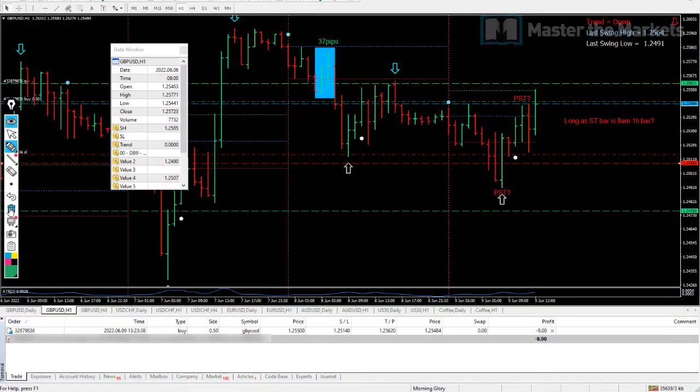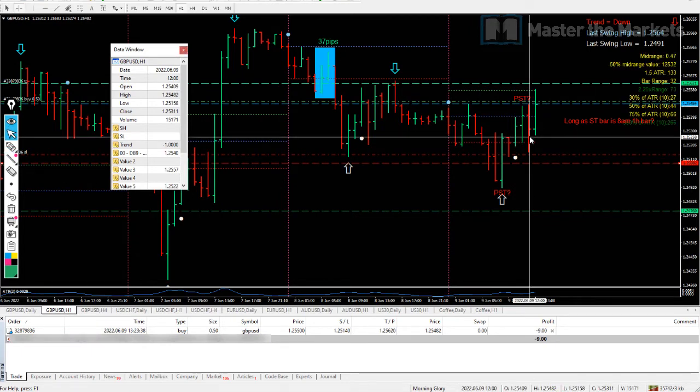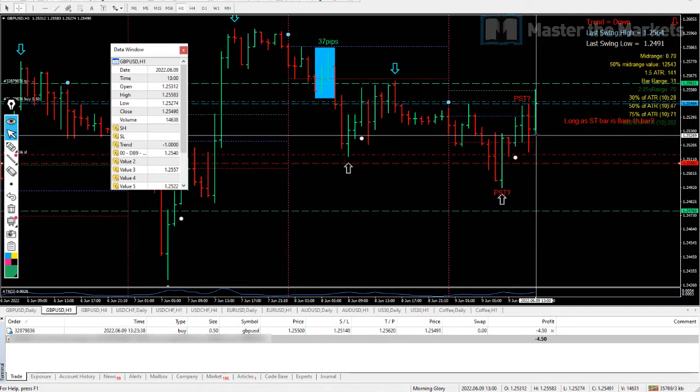But usually in our research, what we found is the stretch bar usually forms before 12 noon. So if you take a look at this bar here, this was at 1 p.m. So this one is a bit behind. This is a 1 p.m. bar here on this broker, but actually it is 1 hour behind us, so that would be a 2 p.m. bar.